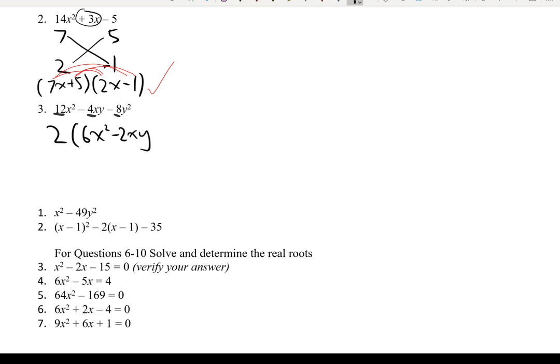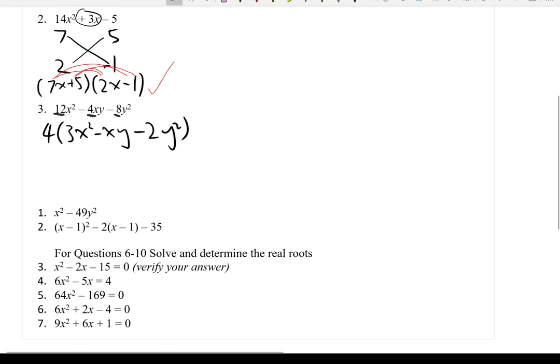Oh, I can take out more than 2. I can take out 4, actually. 4 bracket, and then this becomes 3x squared minus xy minus 2y squared. And then I just have to factor this one, in which this is just 3, 1, and then 2, 1.